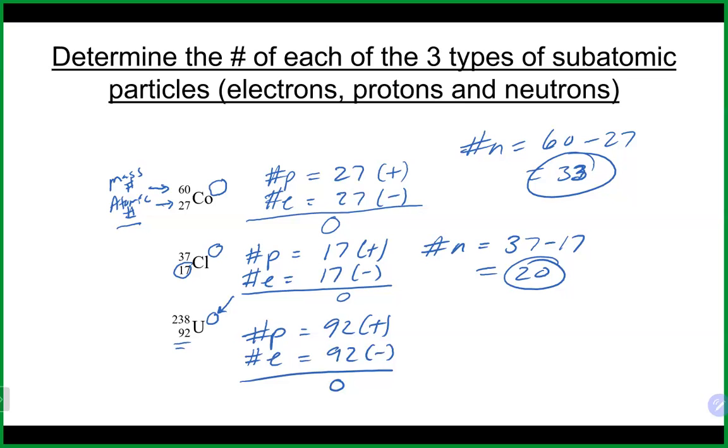Our number of neutrons in this case, taking our mass number 238 minus our atomic number, which is 92, feels like a big number, 146 maybe, give or take, we'll go with that. 146 neutrons are there. Again, all these numbers are whole numbers. No decimals. We didn't go to the periodic table to grab any number on the bottom there. The only number we should grab from the periodic table, if you needed to, is the protons. Any questions on how we got to any of those there?